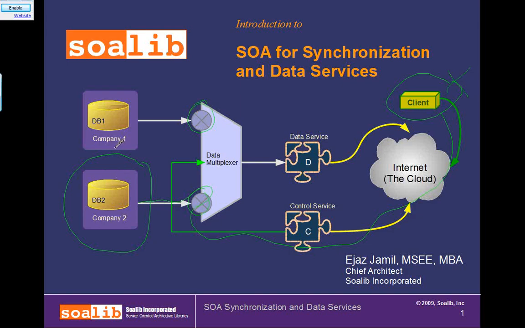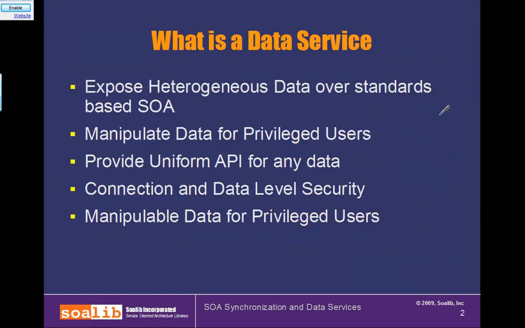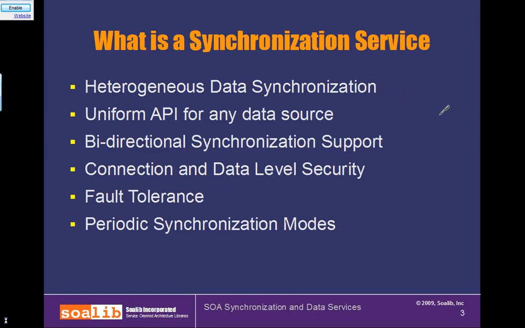Well, company 2 and company 1 don't give any connection information to the client. The connection information is never known by the client. The username, password, URL, database name, all this information can never be known by the client. That's the kind of security a data service provides. Manipulate data for privileged users.